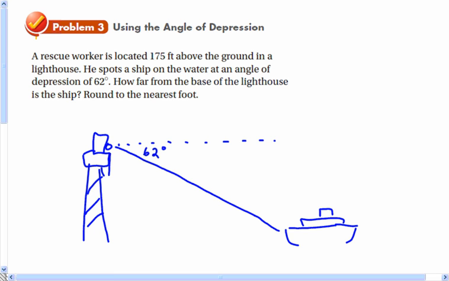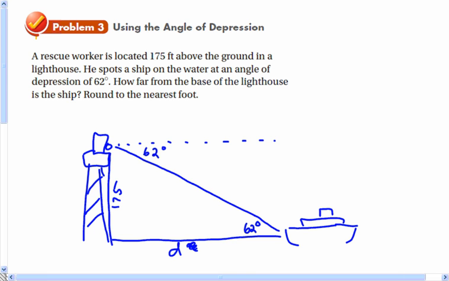And the spotter is 175 feet up. So that's there. And we want to know how far away that ship is, and that would be down here. Let's call that D for distance. If the angle of depression is 62 degrees, then this angle down here is also 62 degrees, the angle of elevation from the ship to the person.